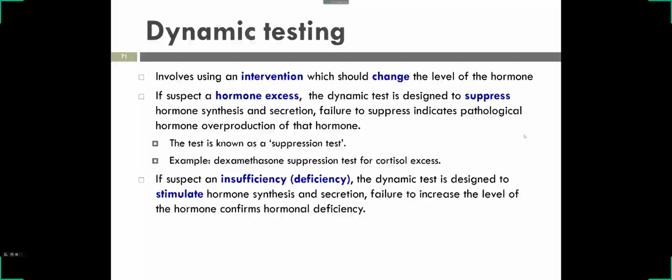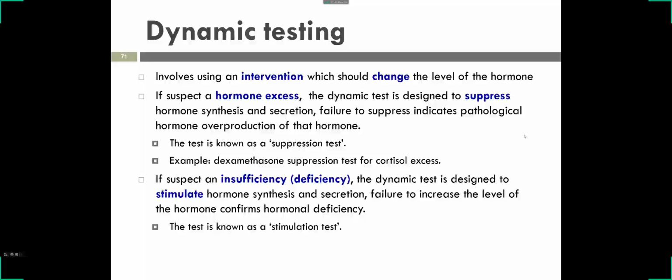If you suspect an insufficiency or deficiency in terms of production, the dynamic test is designed to stimulate hormone synthesis and secretion. So failure to increase after you stimulate the patient suggests that there's some hormonal deficiency and not enough being produced. This is known as a stimulation test.